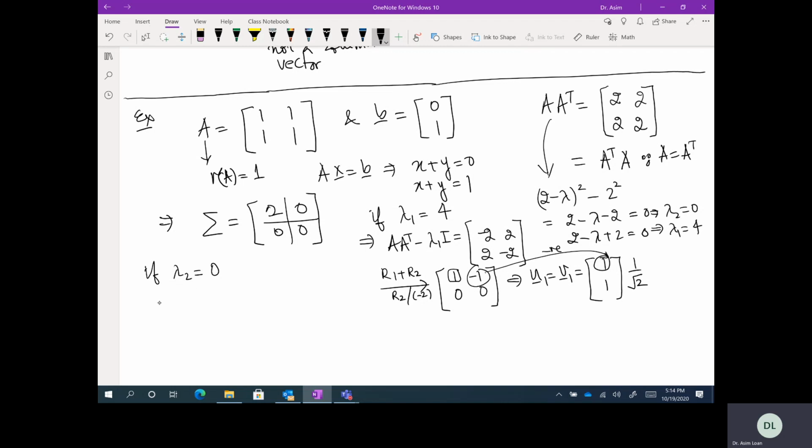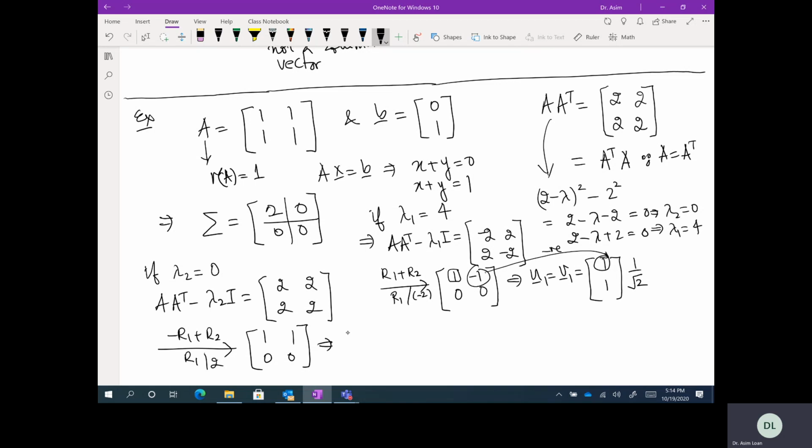So if lambda 2 is equal to 0, then A transpose A minus lambda 2 I equals the same matrix 2, 2, 2, 2. I can do minus row 1 plus row 2, and then row 1 divided by 2. If I do that, I have 1, 1, 0, 0.